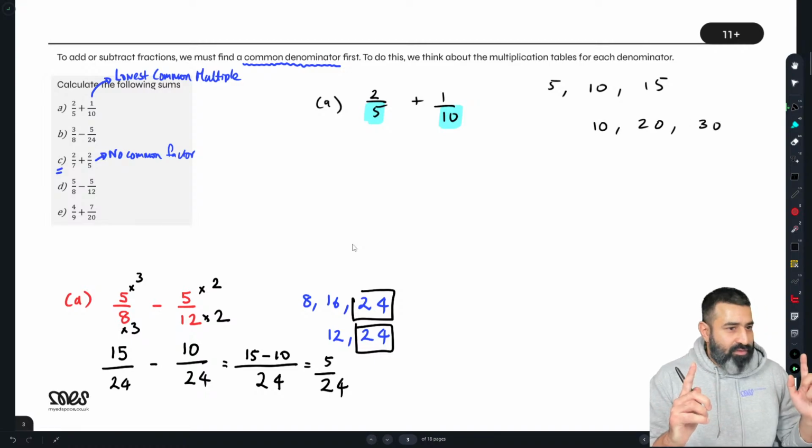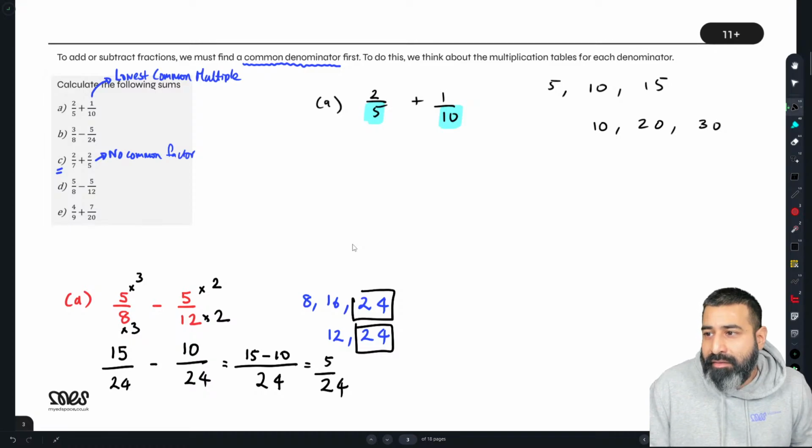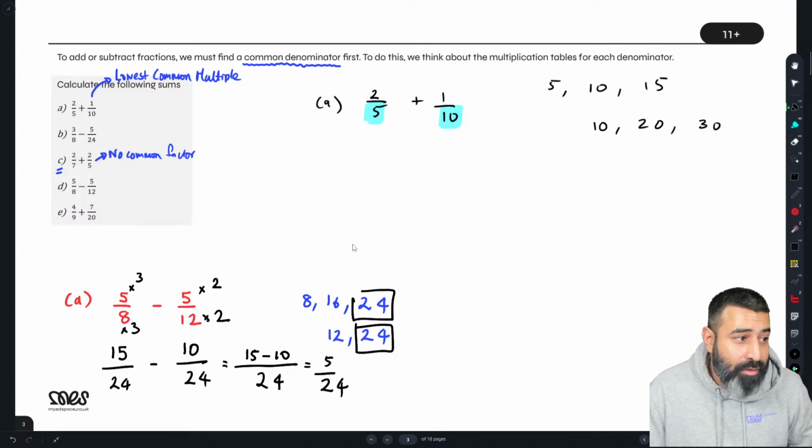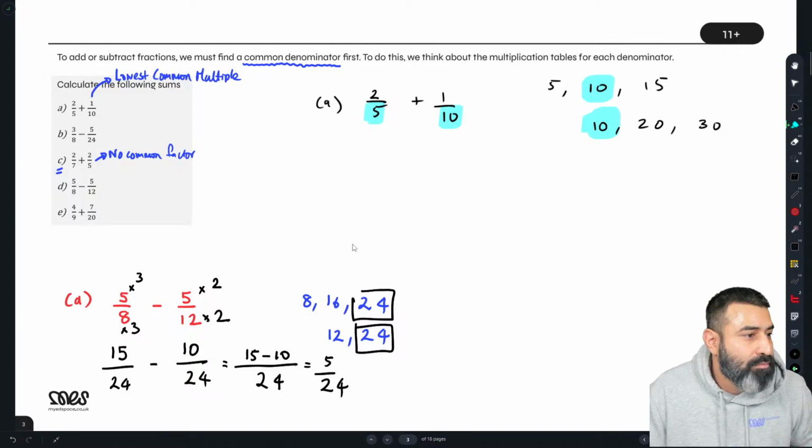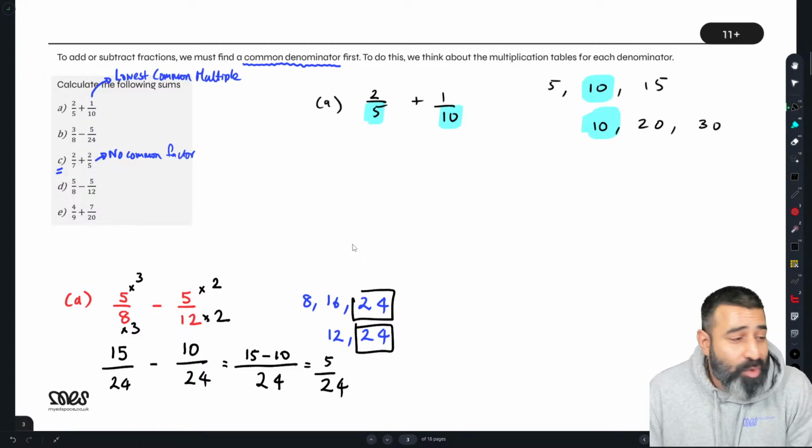Is everybody with me so far? Is there a number for the 5 times table and the 10 times table that is common to both? What is that number? For A, it's absolutely 10, agreed? So this one is already 10.